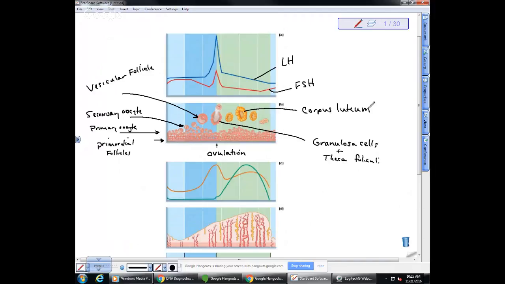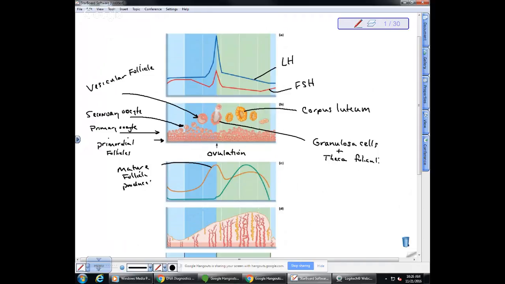Does anybody remember? Okay. So that is the mature follicle. So as the follicles mature, they go from primary oocyte to secondary oocyte, and then they become the vesicular follicle. This is the mature follicle.